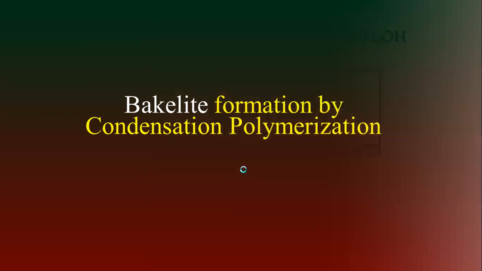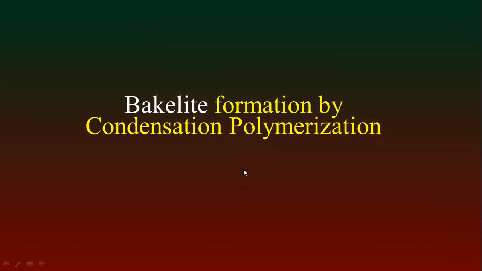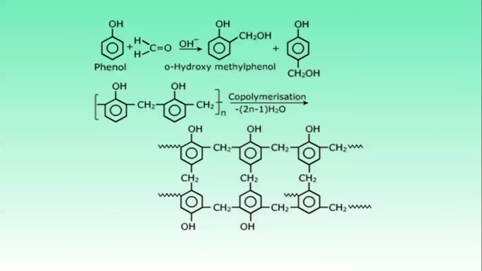Okay, the next one, Bakelite formation by condensation polymerization. Bakelite is also known as phenol formaldehyde resin. That means in this case phenol and formaldehyde are used for the formation of phenol formaldehyde resin. Okay.